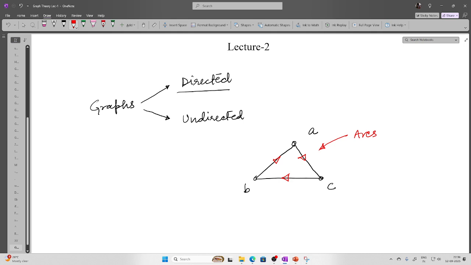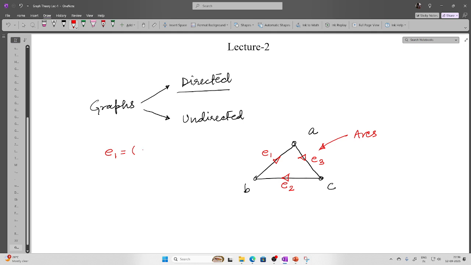So basically, what is a directed graph? A directed graph is a graph in which the edges of the graph are assigned an ordered pair. So here, if this is edge E1, this is edge E2, this is edge E3, then this edge E1 will be assigned this ordered pair.